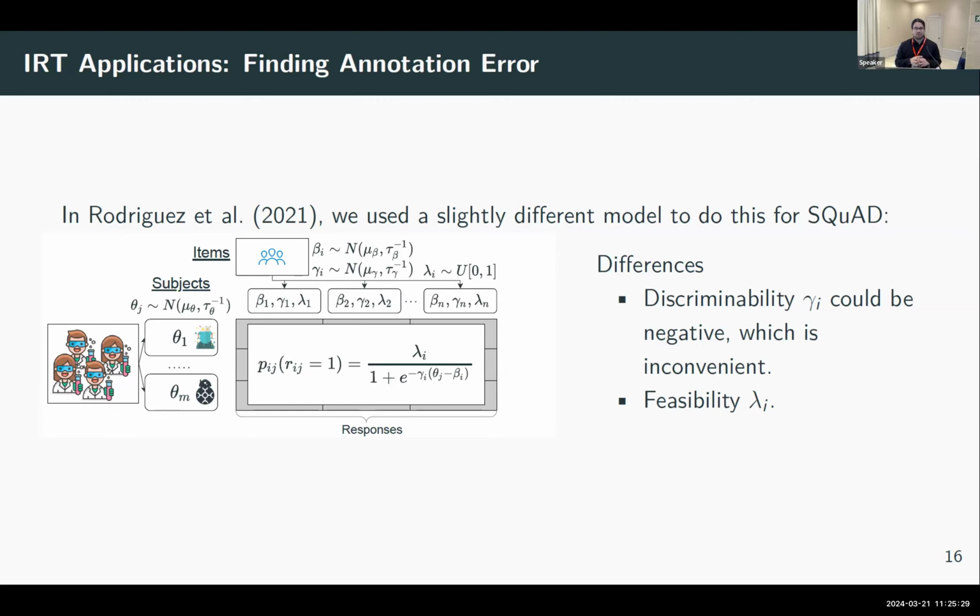You might argue that's one way to say we don't need the feasibility parameter if we have just the discrimination parameter. But for tasks like SNOI, where there's a reasonable chance of guessing correctly, you want to incorporate that.